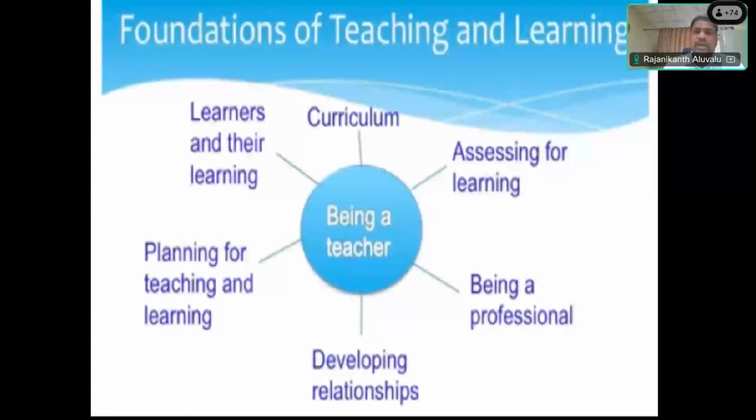To begin with, this is something I always use whenever I start delivering something about the roles and responsibilities of a teacher. When it comes to the higher education teacher or the faculty or the facilitator, we are responsible for the curriculum. We are responsible for assessing. Of course, we need to be a professional.